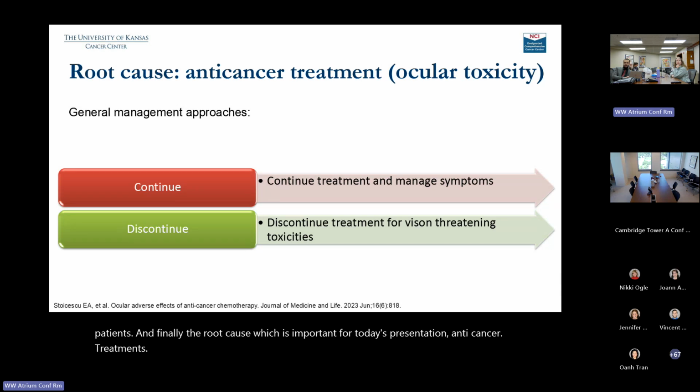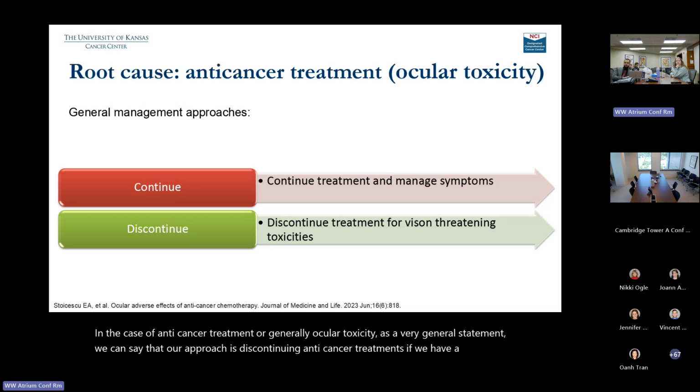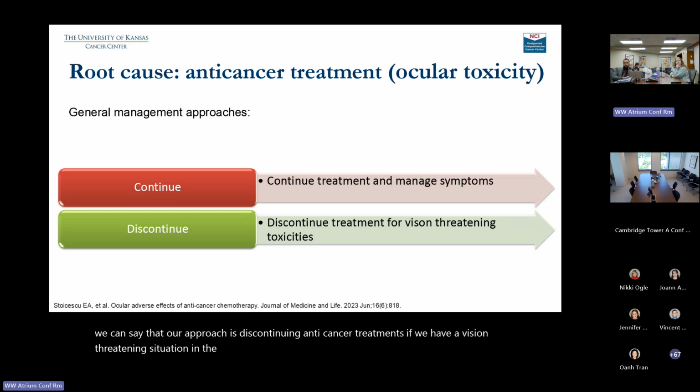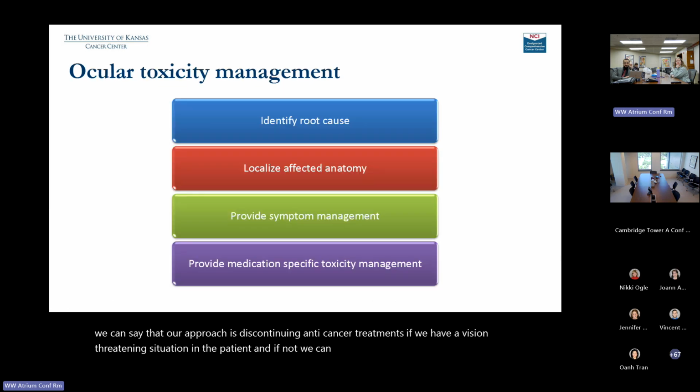In the case of anti-cancer treatment, or generally ocular toxicity, as a very general statement, our approach is discontinuing anti-cancer treatment if we have a vision-threatening situation in the patient, and if not, we can continue the treatment. We will talk about that definitely more.